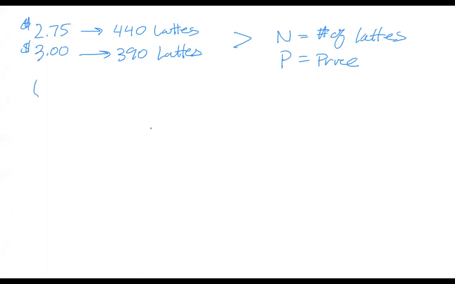So I'm going to treat these as ordered pairs, where the number of lattes seems to be controlled by the price. So X, being my independent variable, seems to have an effect on Y, which is the number of lattes. And we'll look at these as ordered pairs. They decrease by 50, so that's where I got 390.